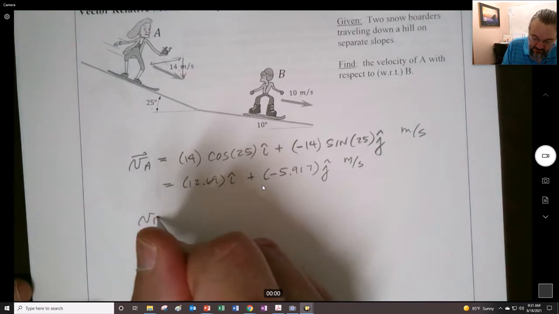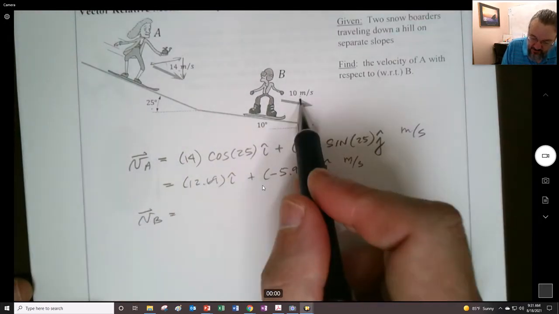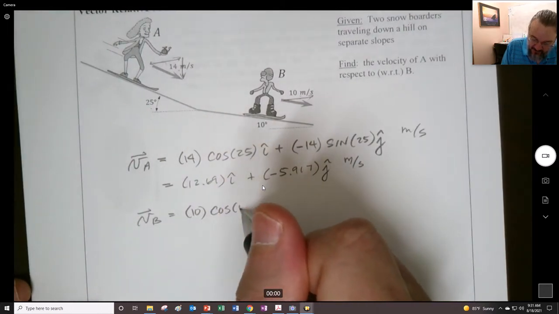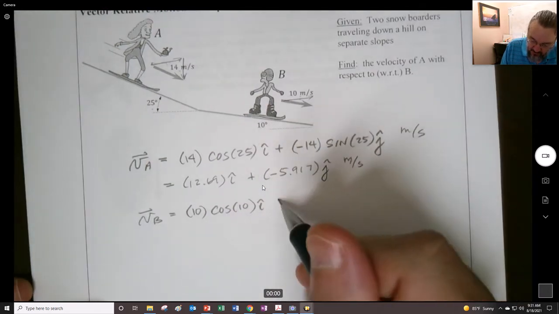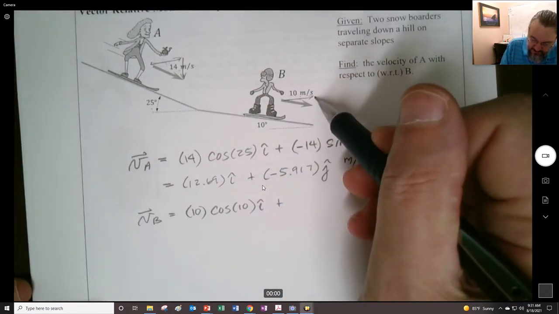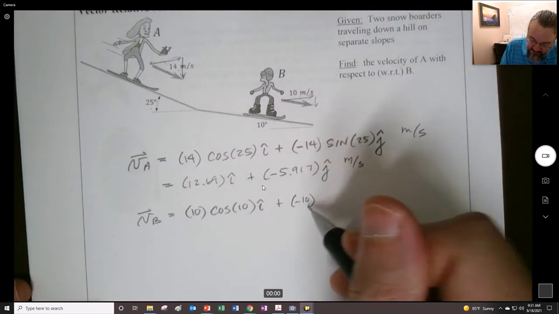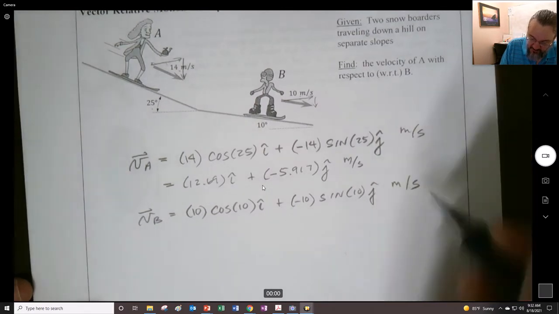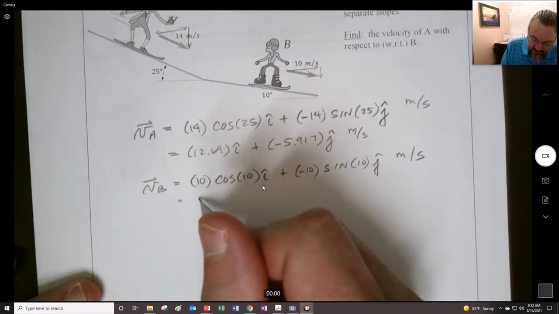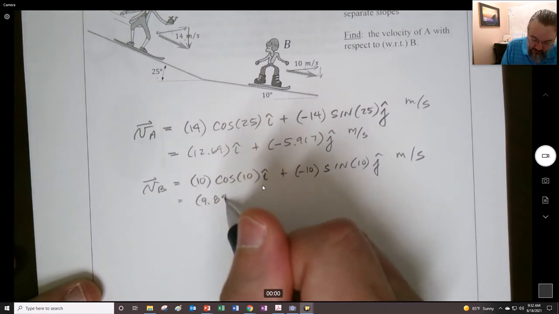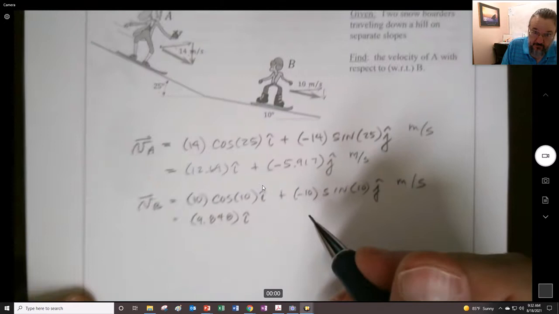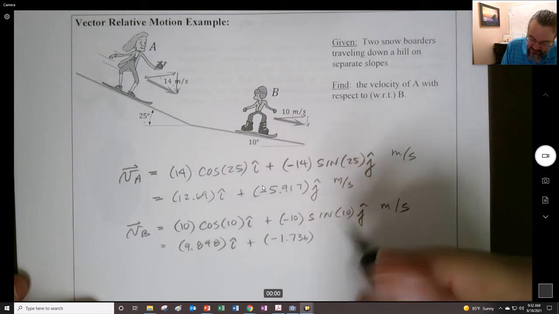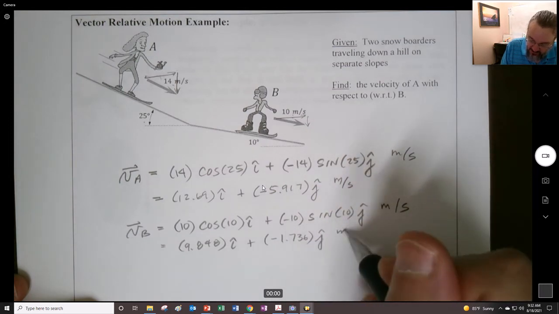And then you take VB, which is equal to 10 going horizontally in positive, cosine of 10 degrees i, plus, and he's going downwards, so negative 10 times the sine of 10 degrees j, meters per second, which if we do the math, we get 9.848 i plus negative 1.736, so not a lot in the j direction.